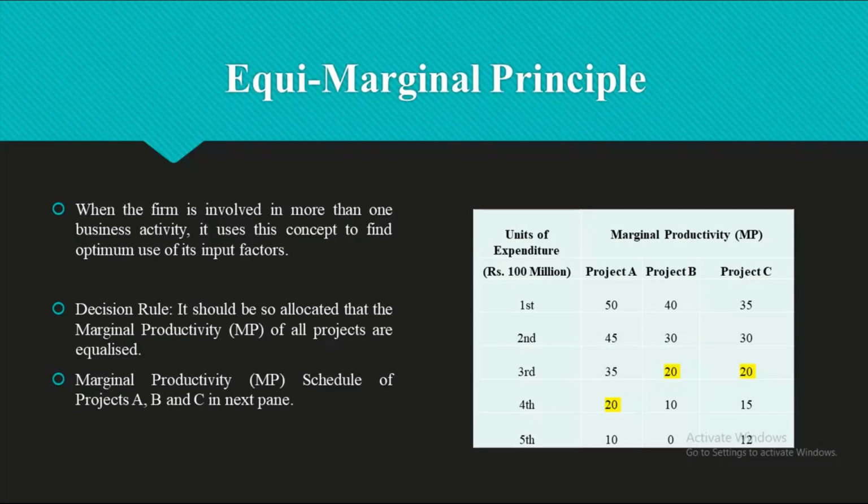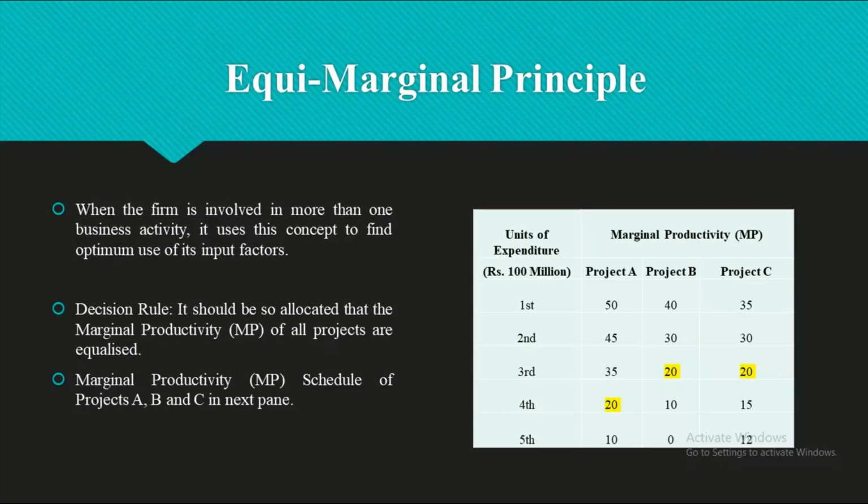Funds will be a fixed amount. Okay, so suppose a manager has at his hand 100 million rupees, and he has, say, three projects, project A, B, and C, as you can see here in the schedule on the slide, the three projects.